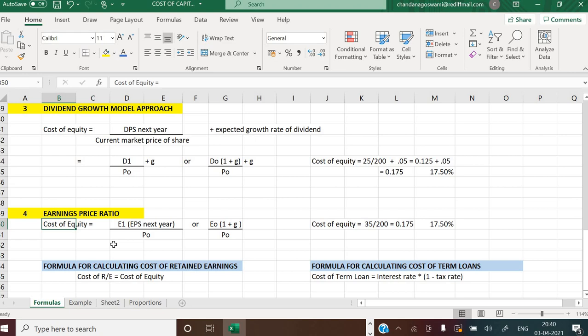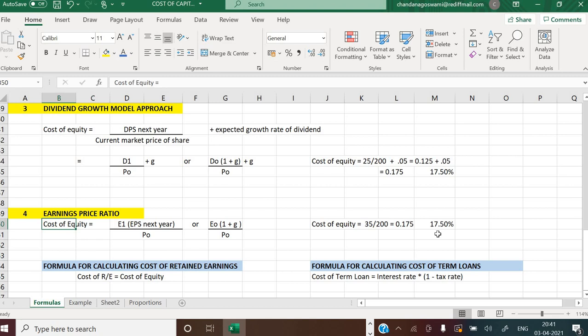And again, if you do not have E1, you can always use the current earnings per share, multiply it by 1 plus G, that is the growth rate associated with earnings, and divide it by P0. So suppose the earnings per share next year is going to be 35 rupees. Current market price is 200. So 35 by 200 works out to 17.5%.